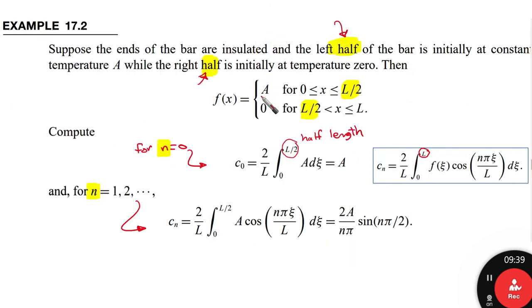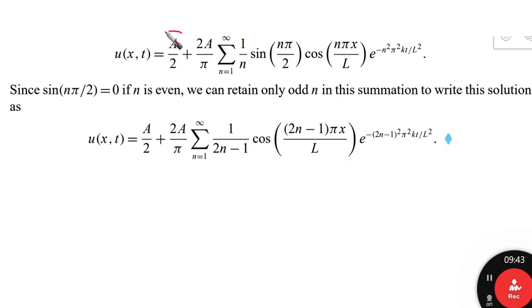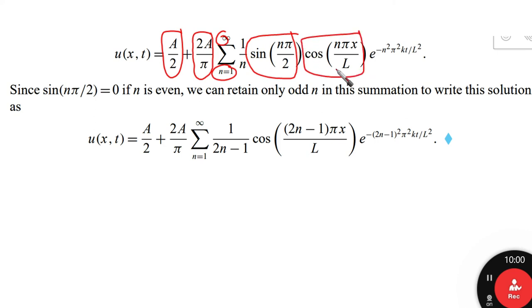So we already have C node equal to A, then the first term is going to be half A node, and then the remaining part of the equation is 2A over pi, the summation from n equal to 1 to infinity, 1 over n, sine n pi over 2, cosine n pi x over L, and the exponential function containing n, k, t, and L.